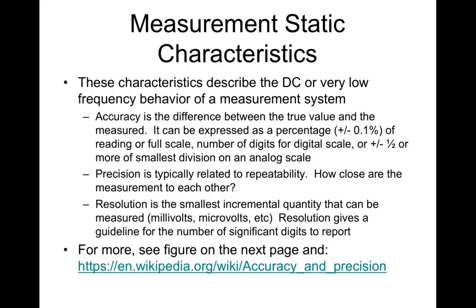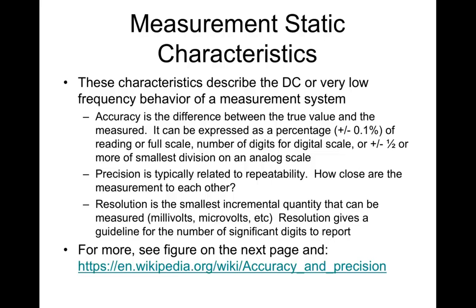So, static characteristics. These characteristics describe a DC or very low frequency behavior of a measurement system. And so these would be things like accuracy, precision, and resolution. So accuracy is the difference between the true value and the measured value. And it's typically expressed as a percentage of a reading or full scale.